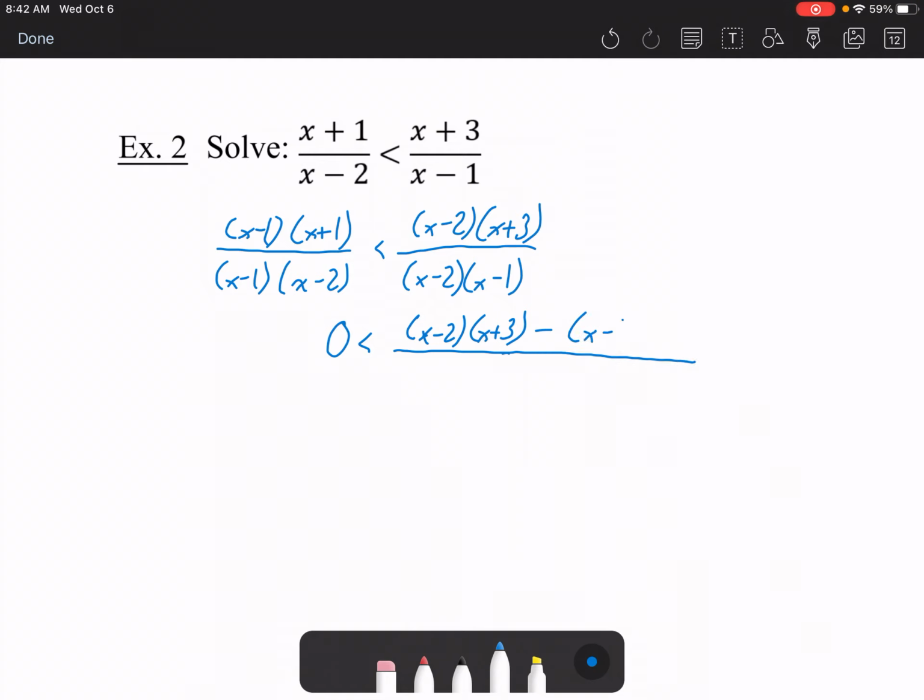And make it all one fraction. Now we're going to expand and simplify the numerators, if possible, and see what we get.